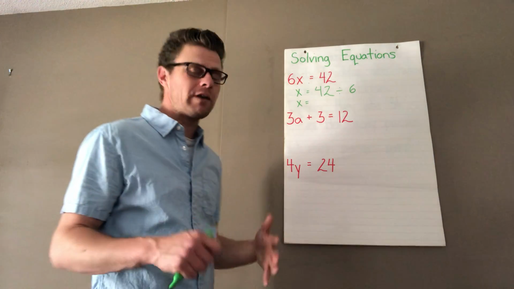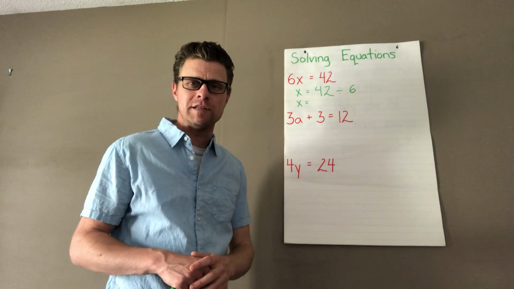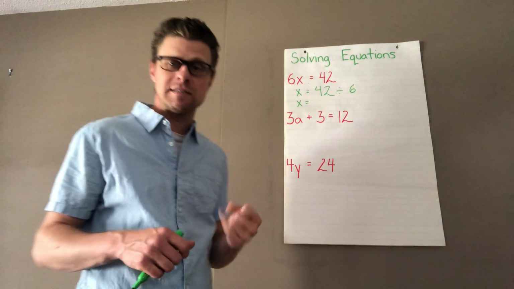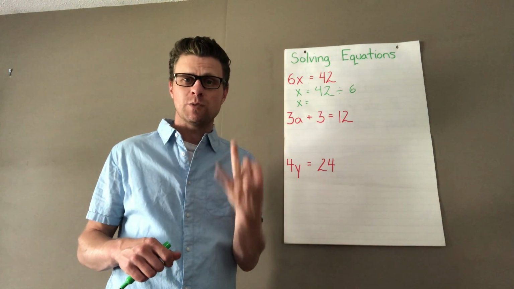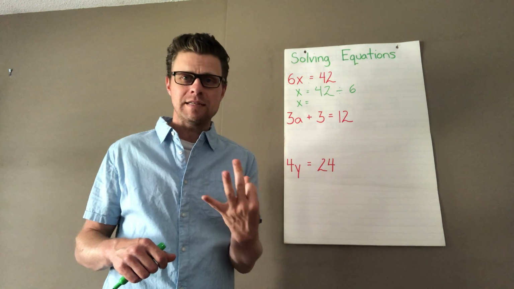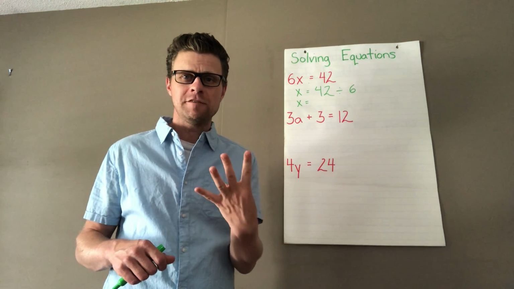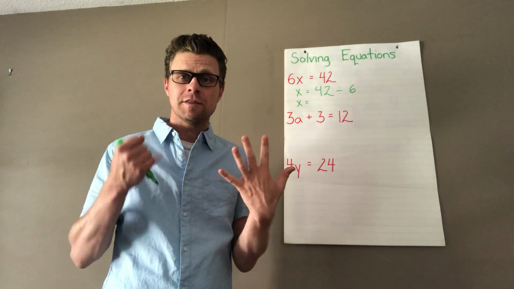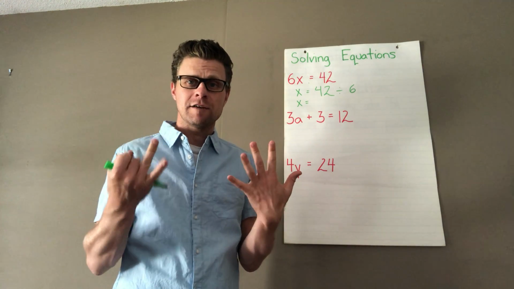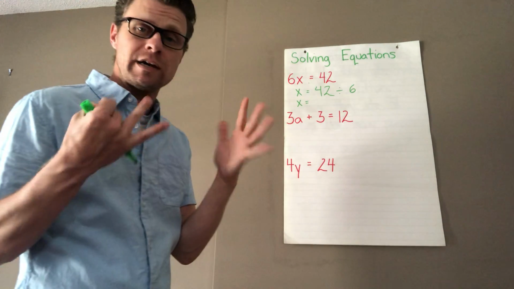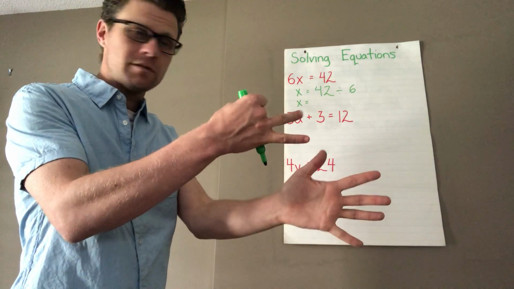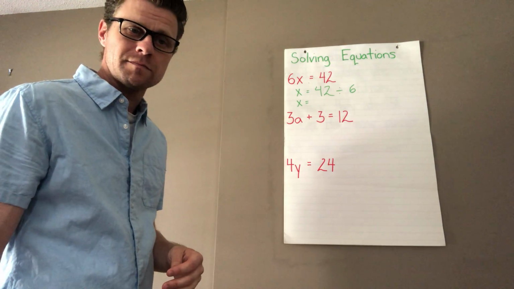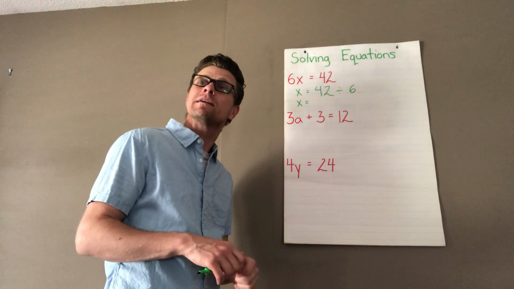So if we figure out how many groups of 6 are in 42, we could skip count. Let's do that together. So we're going to start at 6, 12, 18, 24, 30, 36, and 42. We got right to our number with how many groups of 6? Yes, you're right at the back, 7.